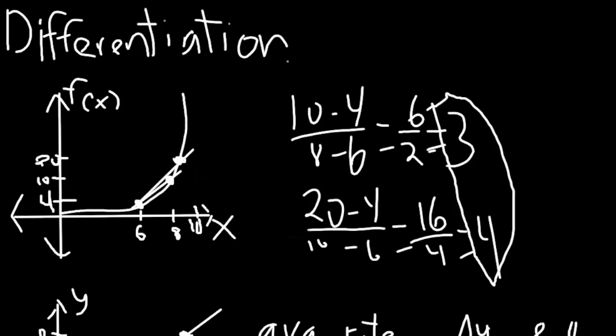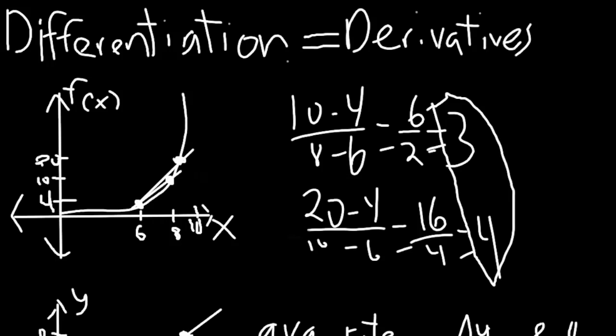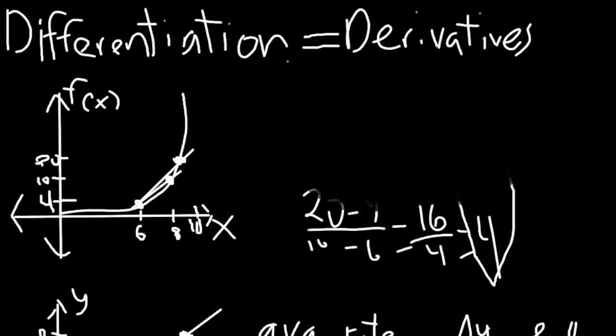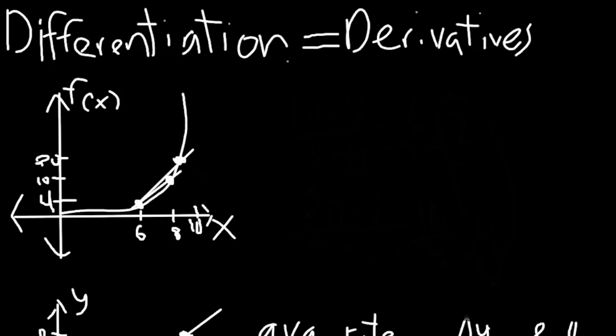Differentiation is basically just equal to derivatives. I'm going to delete the average rate of change work we did. I'll keep those tangent lines, but I'm just going to delete the x values and the y values.